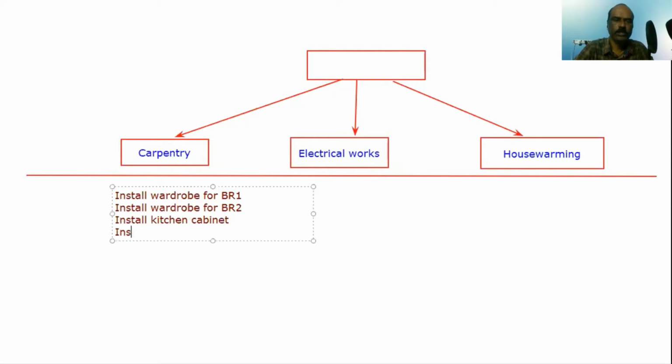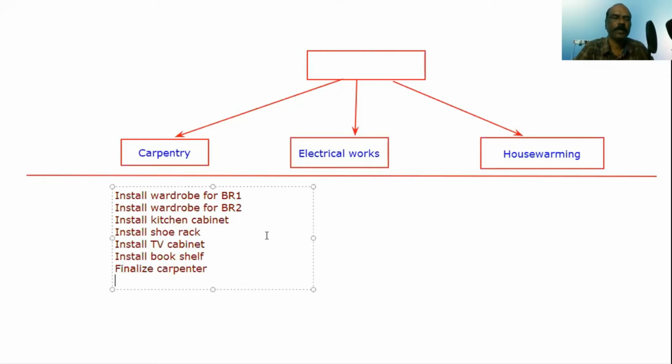I need to install a shoe rack. Install TV cabinet. Install a bookshelf. So I also need to finalize the carpenter, right? Without a carpenter, I cannot do all of these things. I need to finalize the carpenter.